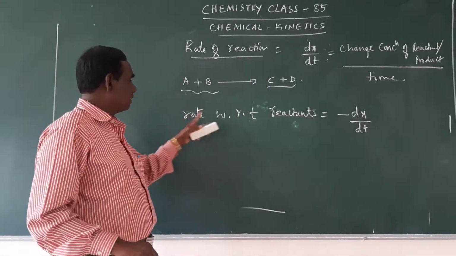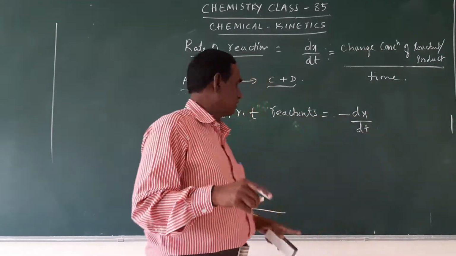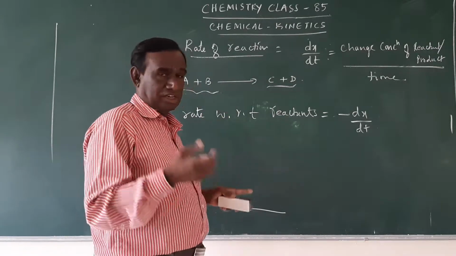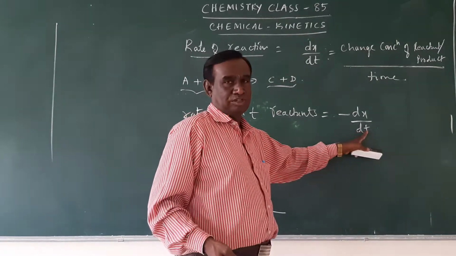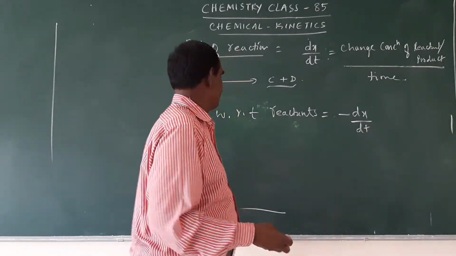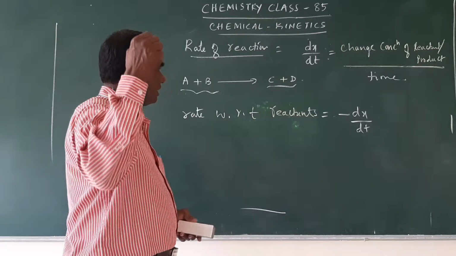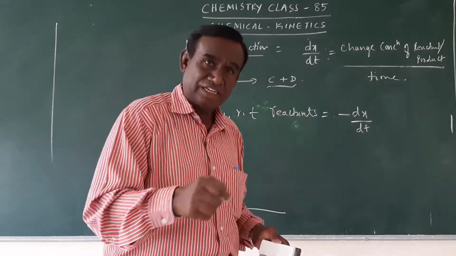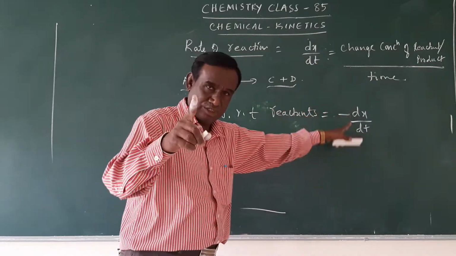That means the concentration of the reactants decreases with time, over a small interval of time. So the rate with respect to reactants is defined as the decrease in the concentration of the reactant with respect to time.